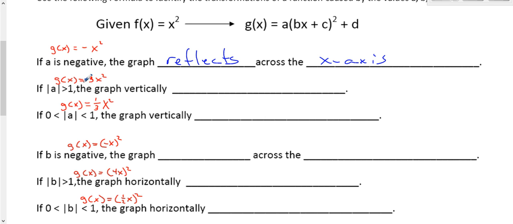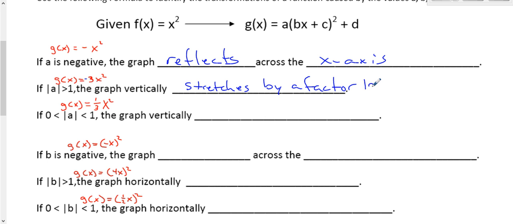So if we have a number out here that is greater than 1, the graph vertically stretches by a factor of whatever number is there.